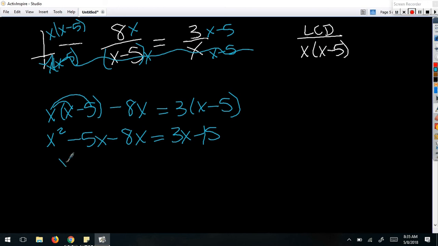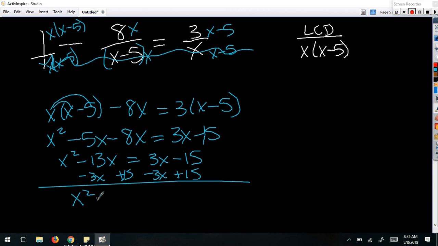So negative 5x and negative 8x is negative 13x. And now I'm going to move the 3x and the 15. So I have x squared minus 16x plus 15 equals 0.